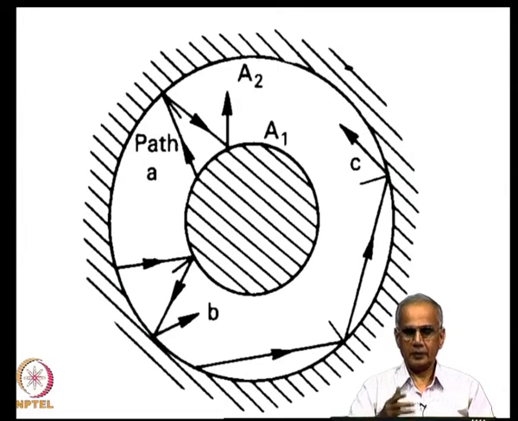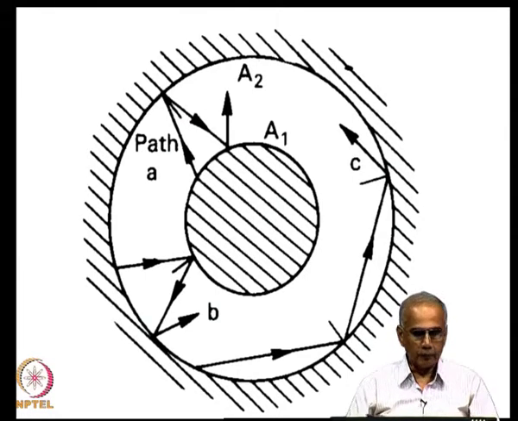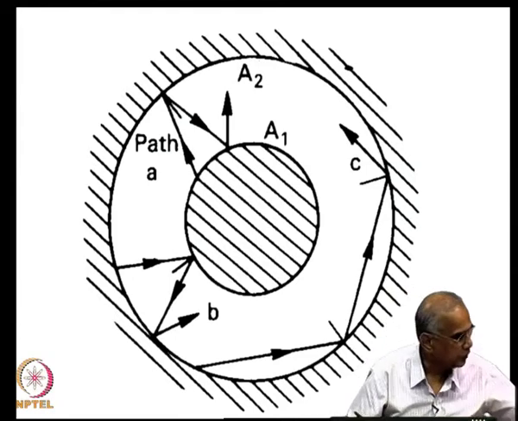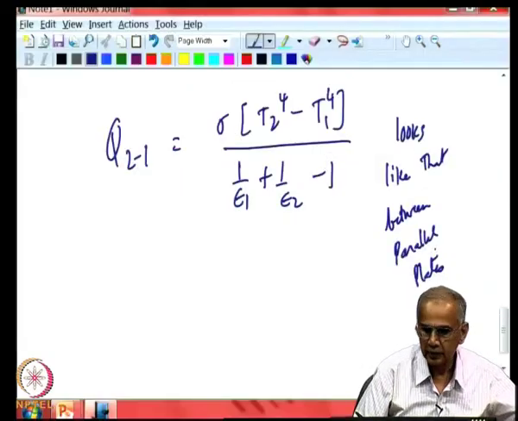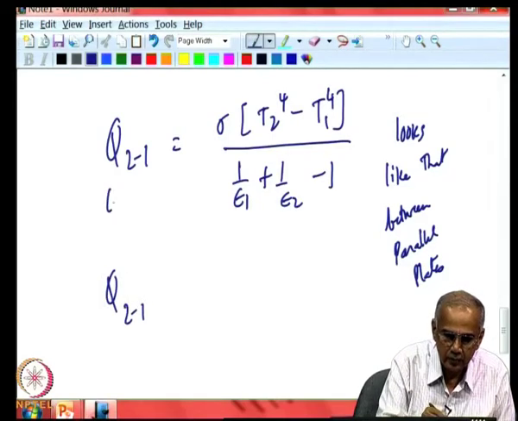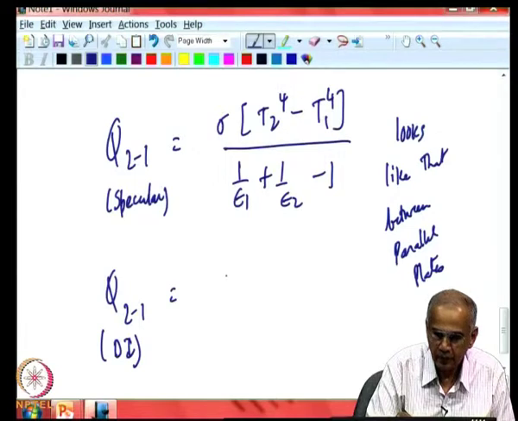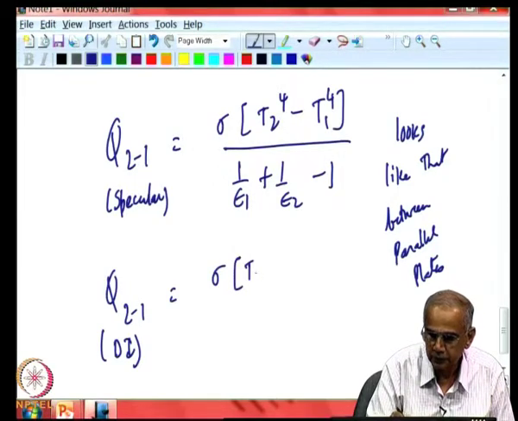We did not explain why we use that formula. So, that is to remind you of the difference between this result for specular surfaces, and the result for diffuse surfaces, two cylinders.